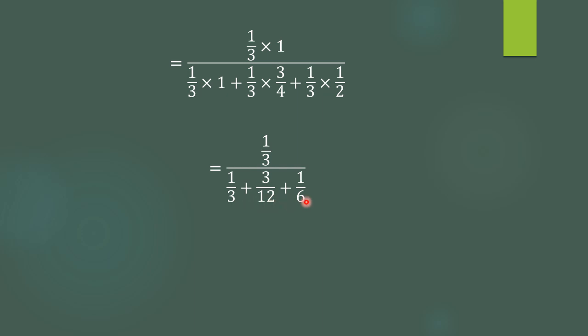The LCM will be 12. So we can write it as 1 by 3 upon, with LCM 12, 4 plus 3, 7, plus 2, 9 by 12. So we get 1 by 3 into 12 by 9. So the answer is 4 by 9.